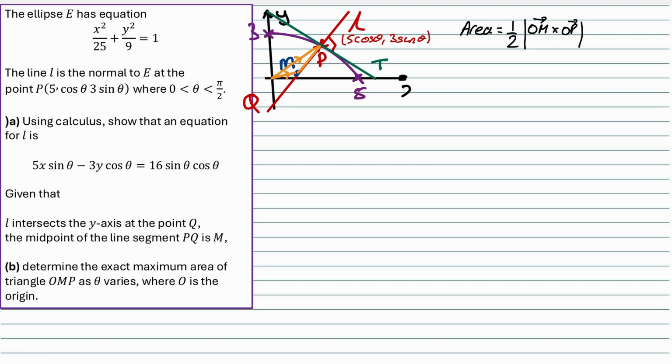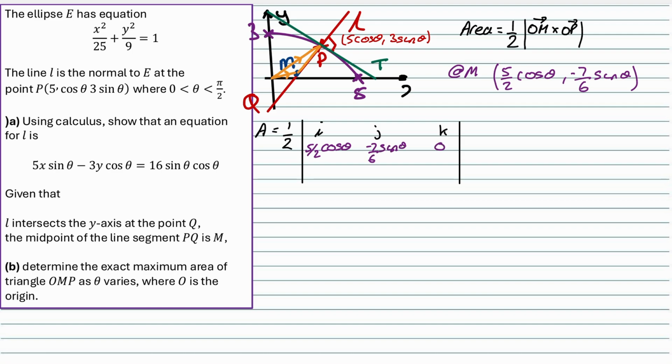And because it's 2-dimensional, we know the k component will be 0. So the area will be 1/2. We want i, j, and k. For OM, the i component will be 5/2 cos theta. The j component, negative 7/6 sine theta. And the k component, 0.